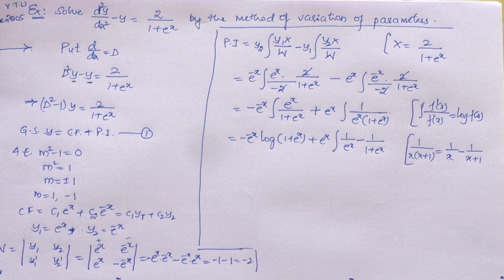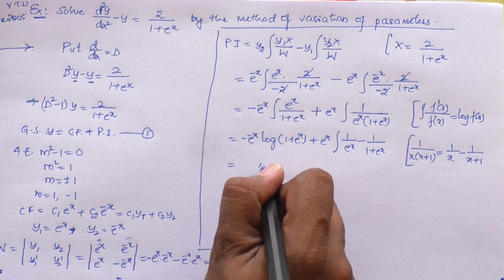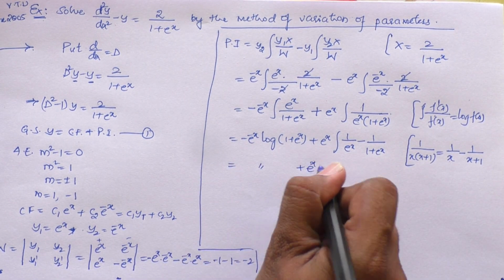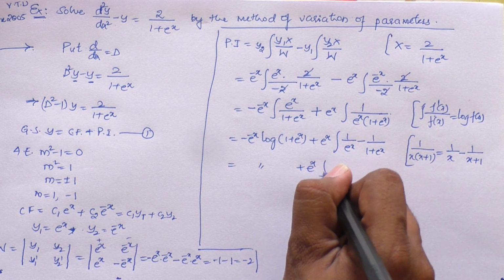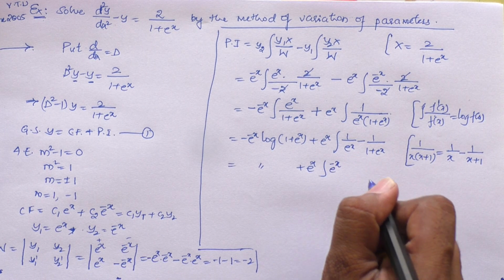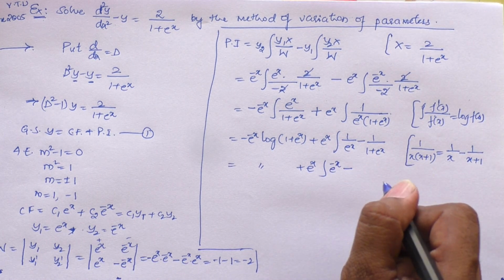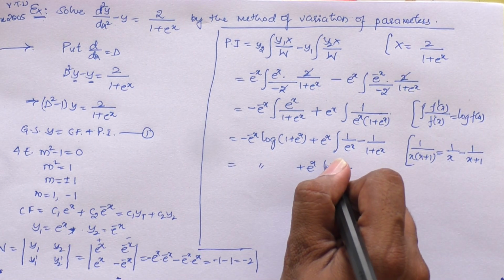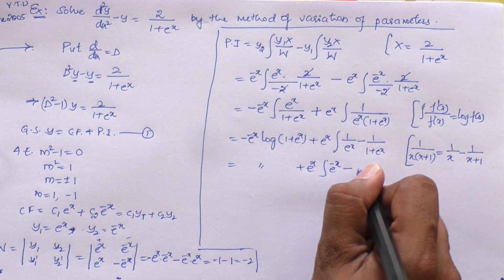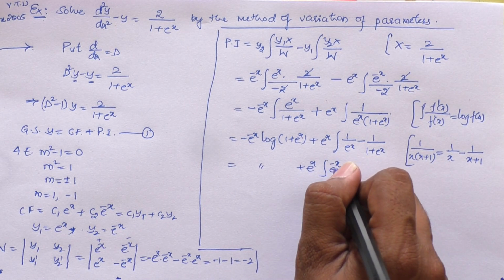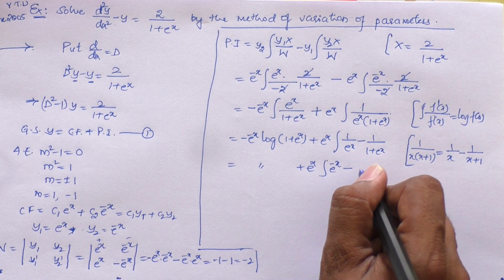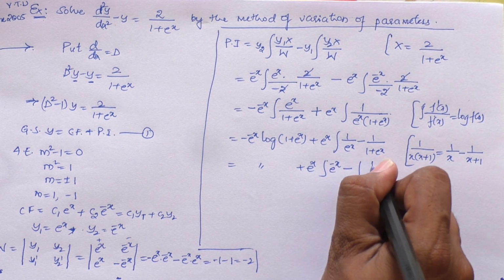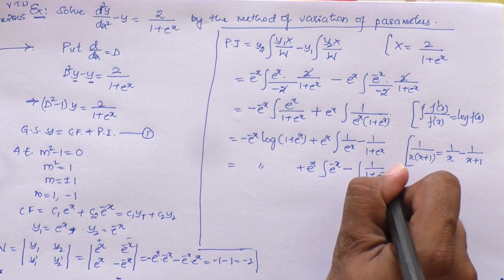Now the first term as it is, plus e raised to x into bracket integration of, so here 1 by e raised to x is e raised to minus x, minus, in the second term, integration of the first term is over, it is integration of e raised to minus x, minus integration of 1 by 1 plus e raised to x.